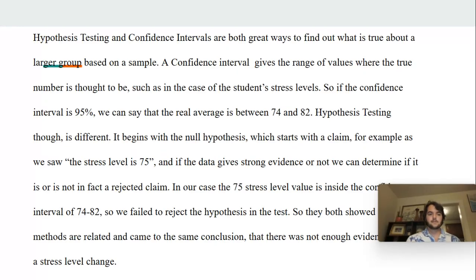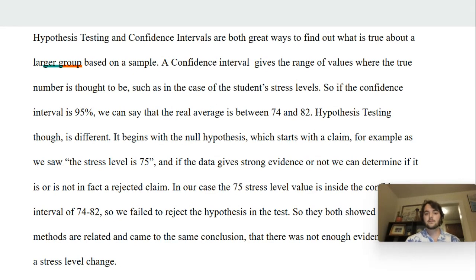And this was the second paragraph I wrote for my homework, and I think it is valuable in this context. Hypothesis testing and confidence intervals are both great ways to find out what is true about a larger group based on a sample.